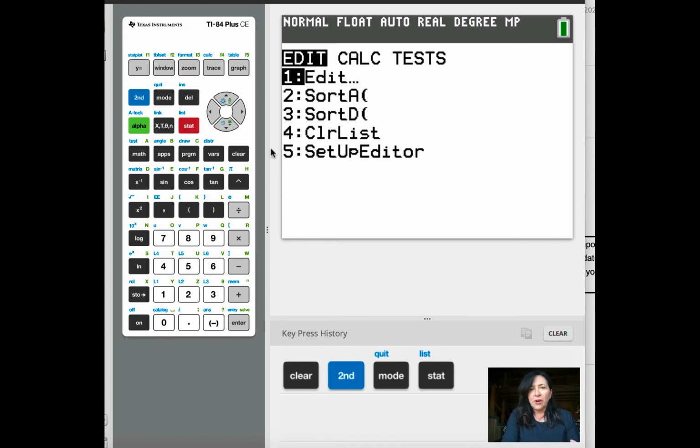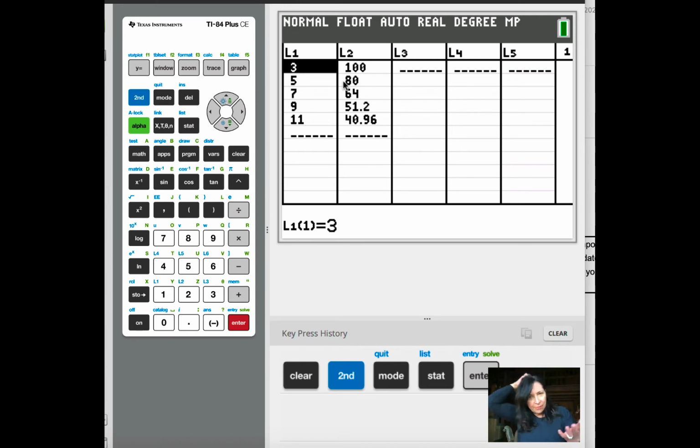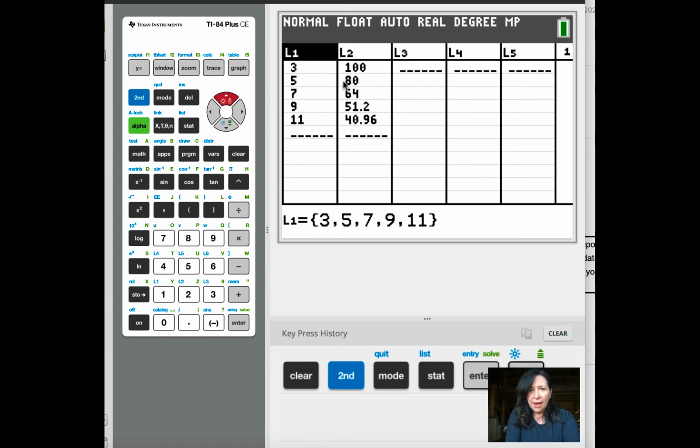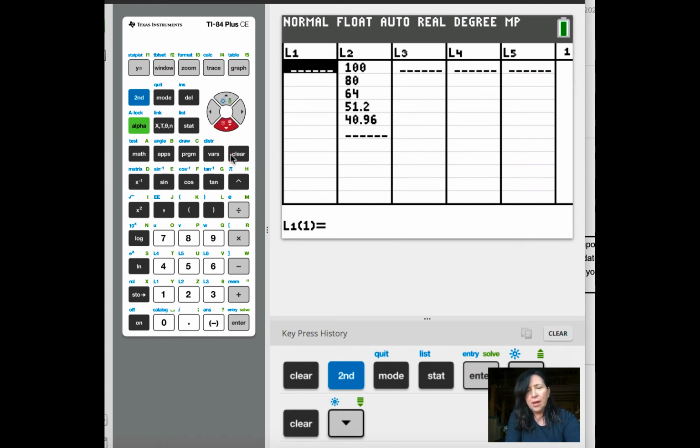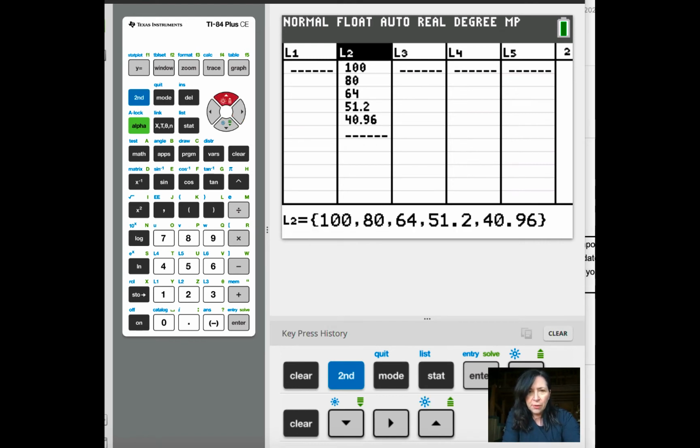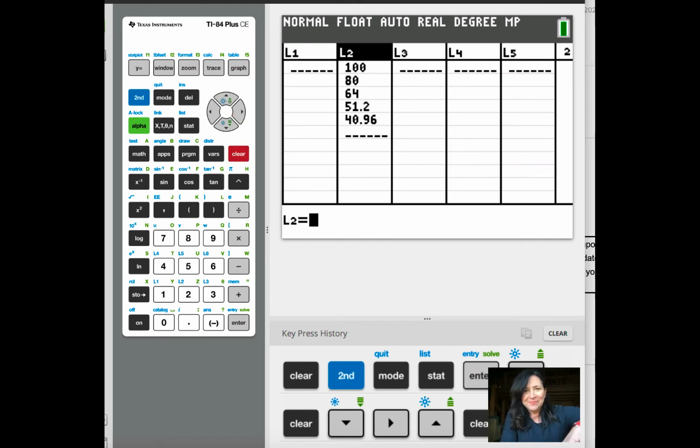That's the first thing that you're going to do, and I'm going to hit enter. Now, if you have something here already, to get rid of that you go up to L1 and then you just hit clear. And then when you come down, that's gone. And again, you go up to L2 and you hit clear.